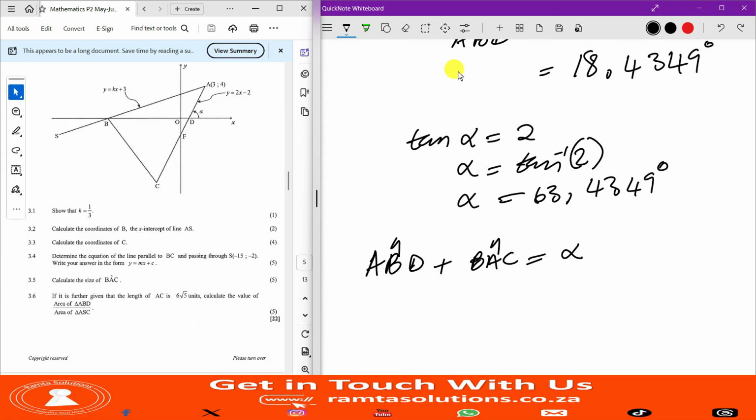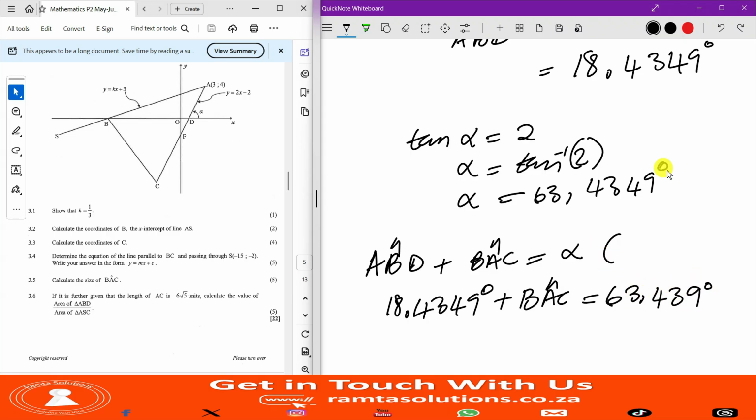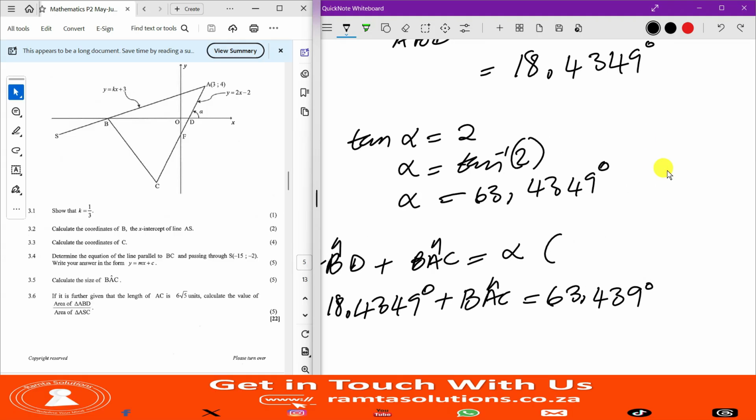We just found that it is 18.4349 degrees. We do not know what angle BAC is. What is angle alpha? We just found that it is 63.4349 degrees. If this was Euclidean geometry section, we would say the reason is because the exterior angle of a triangle is equal to the sum of the interior opposite angles.